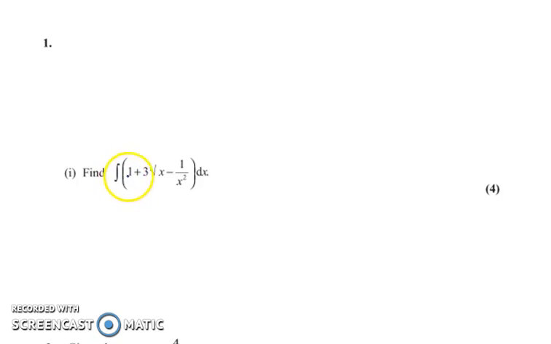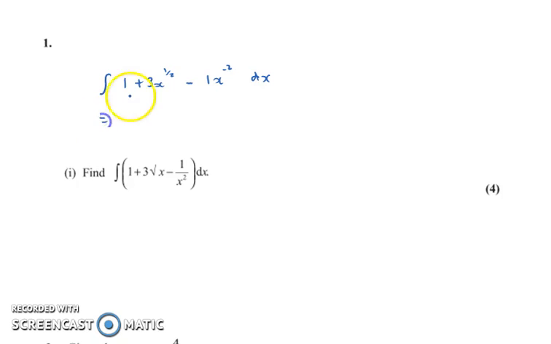So before we integrate, we must make the expression a rational expression. So we're going to get rid of any x's in the denominator and write out any roots as powers. So we want to integrate 1 add 3x to the half minus 1x to the minus 2 with respect to x.